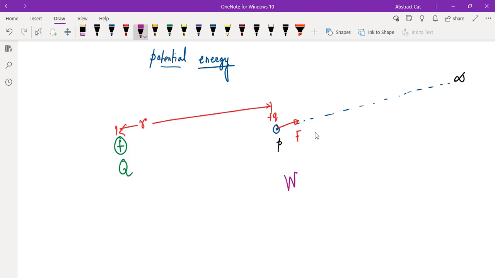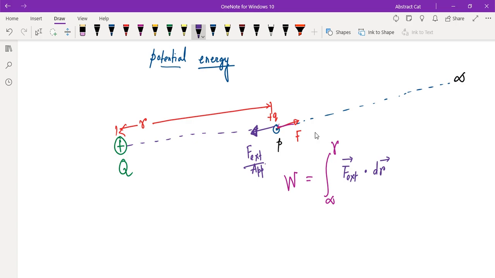So work done in bringing a test charge from infinity to point P, which means distance r, from infinity to r, we apply an external force in that direction, the applied force, so that's F external dot dr, where dr is a vector, okay.